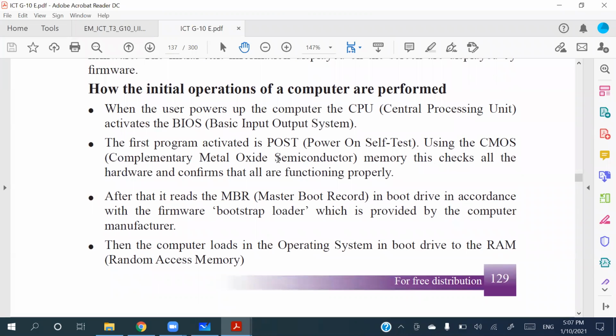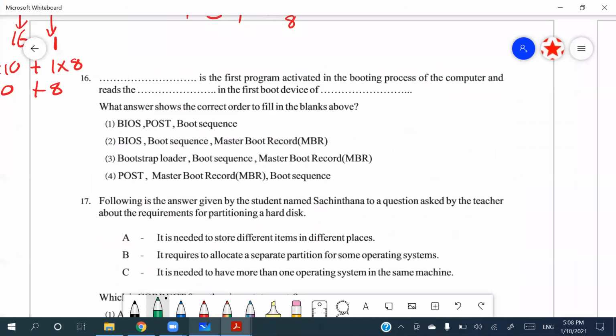Yeah, it says CPU activates BIOS. That's the problem. The first program activated is POST. That's what I was lacking, and it should go with the POST according to that.